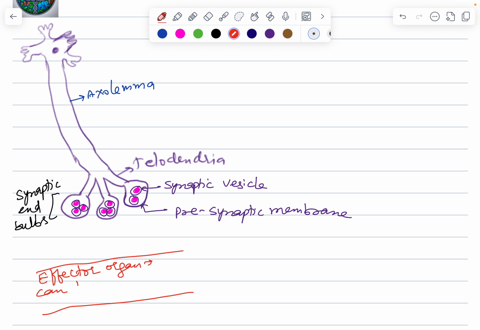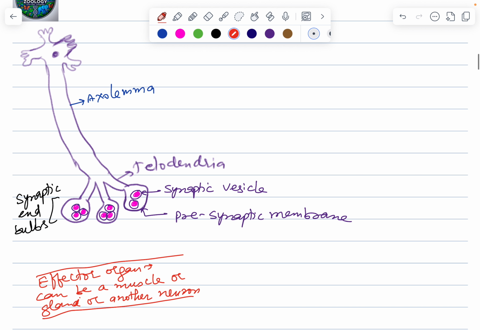Effector organ on which the neuron is going to show its effect. And the effector organ can be what? A muscle, or it can be a gland, or it can be another neuron. Now the cell membrane of your effector organ is also called the postsynaptic membrane.